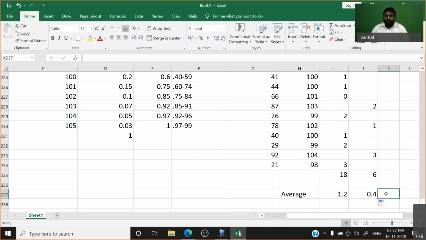This is the only thing. Very easy. So that's all we have completed.